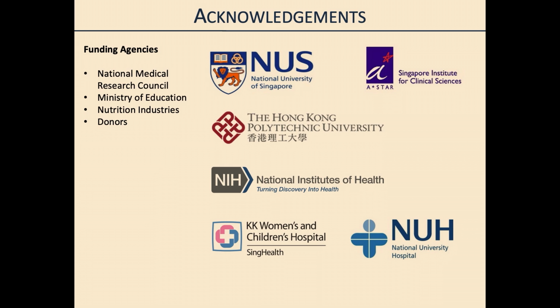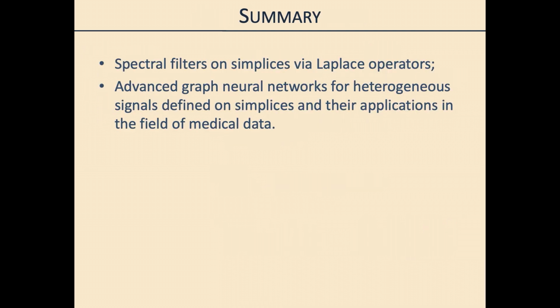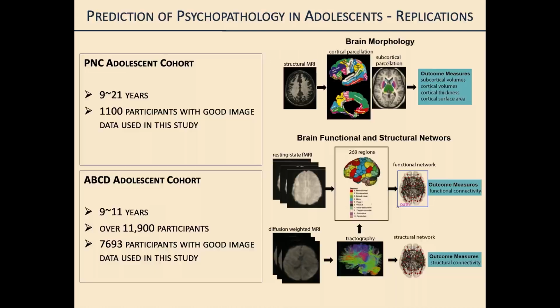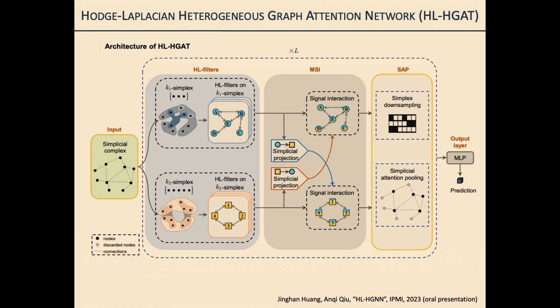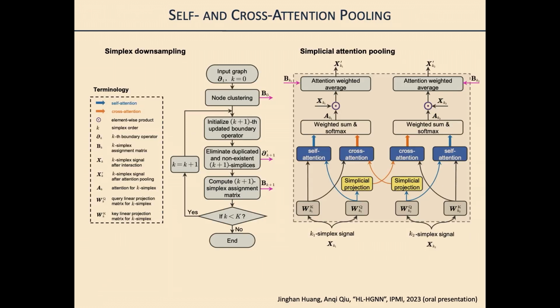Your slide with the architecture where you pull the node and edge data together. Could you also do that to combine data from different modalities? Like the most obvious example being edges from resting-state fMRI versus edges from DTI data. Have you tried doing that?